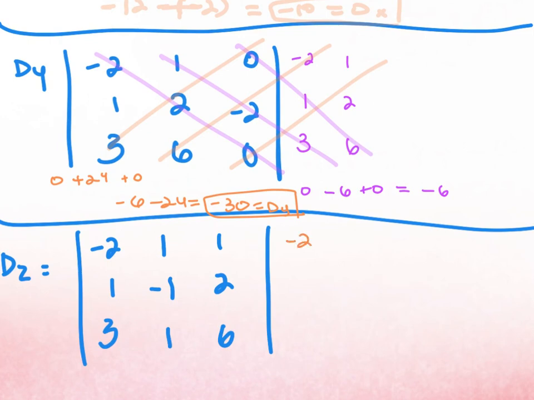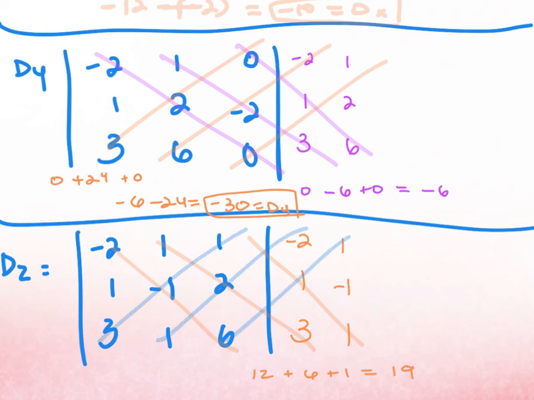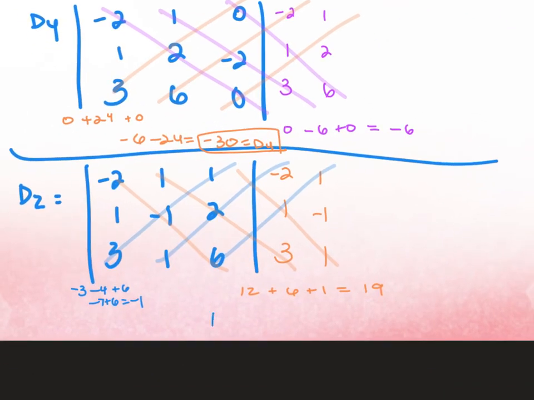Last one. Top left, bottom right. I get 19 minus a negative 1, which becomes 20.